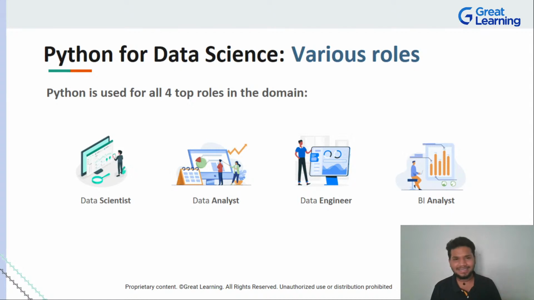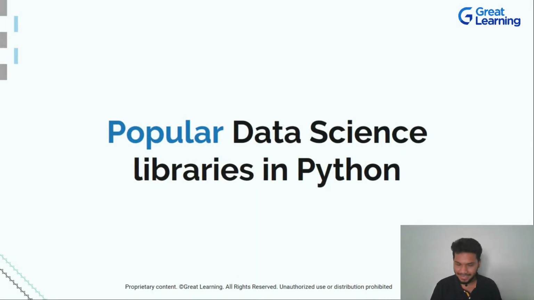Fantastic salary trends, amazing salaries in all of these domains. And guess what is the common thing? First of all, it's all working towards data science. The most fantastic reason is that every single role you see on your screen right now requires Python. That is literally how important Python is.